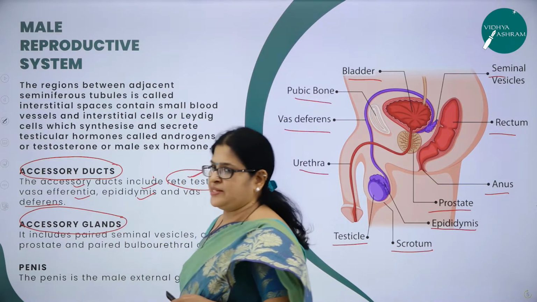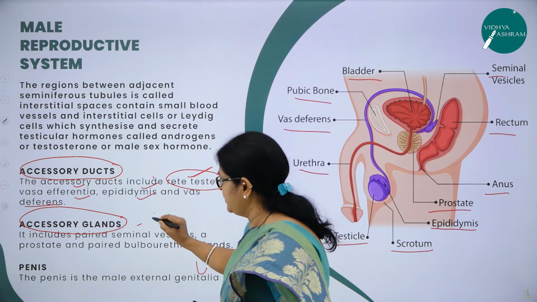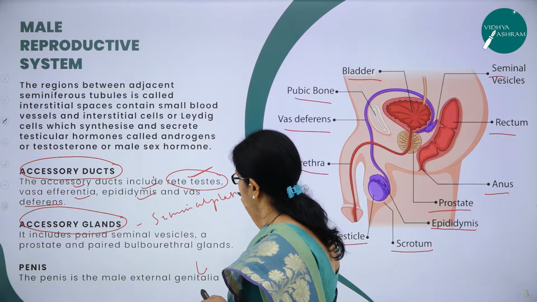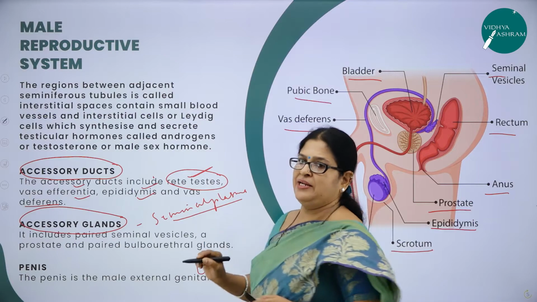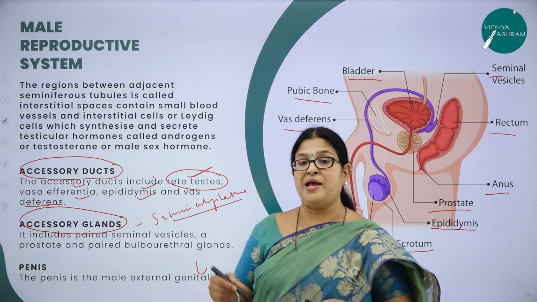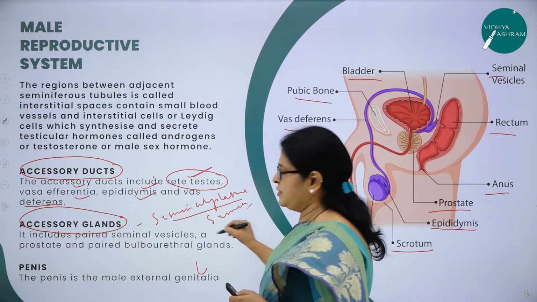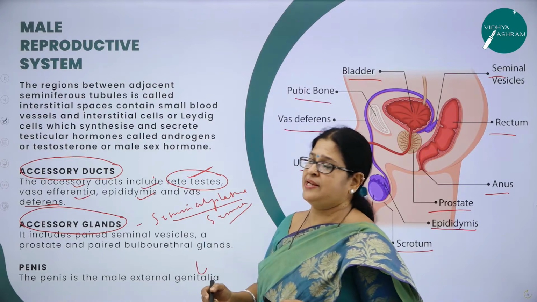Moving on to the accessory glands. Very important. The secretions of these glands are called seminal plasma. So the secretions of these accessory glands is called seminal plasma. Seminal plasma along with sperm is called semen, which I am going to explain in the next slide, right? So what are the accessory glands then?